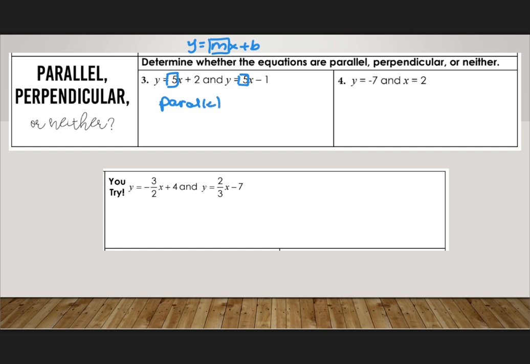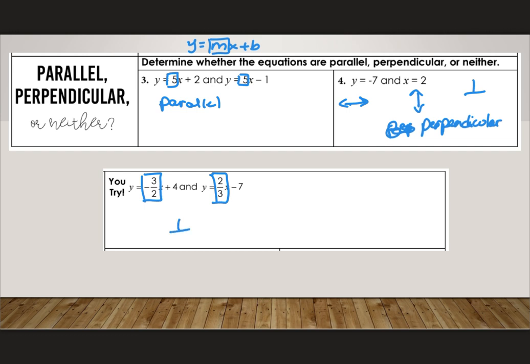This one, y equals negative 7, that is a horizontal line like this. x equals 2 is going to be a vertical line. So those are perpendicular, which I still can't spell, or you can just put the symbol. All right, and then here we have the slopes negative 3 over 2 and 2/3. So this is also going to be perpendicular.